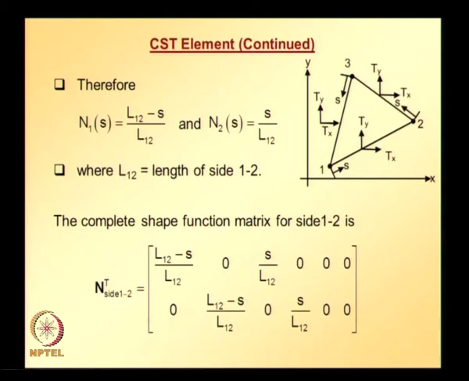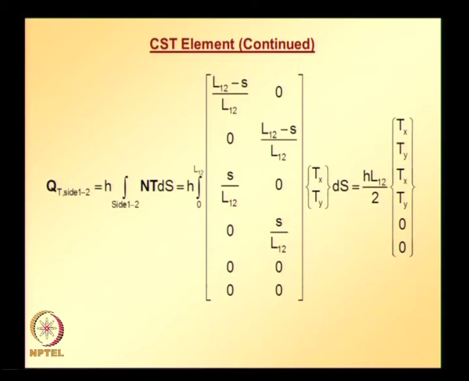Using this we can easily calculate the equivalent nodal vector. We are considering here a case where tractions along side 1 2 are uniform, they are constant. So, Tx, Ty components are not functions of x, and the integration can easily be carried out because the functions appearing inside the integral are fairly simple.